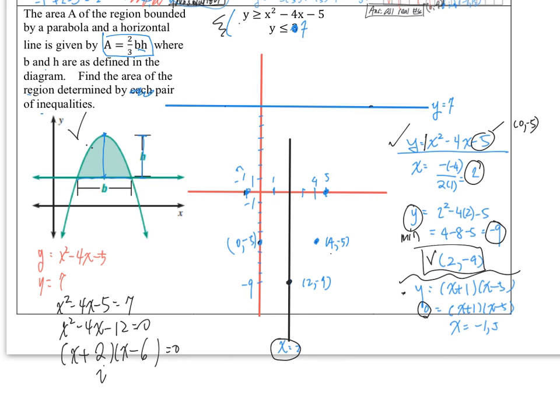So again, our intersecting points will be at x equals -2 and 6. So when x is -2, y will be 7. I'm just being very precise here. And when x is 6, this would be 7. And now I'm ready to connect my dots very precisely.